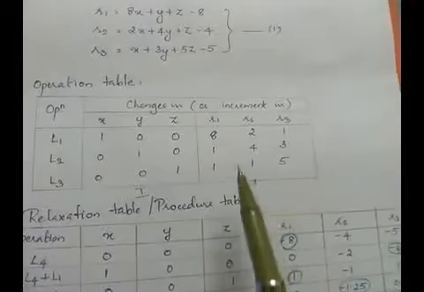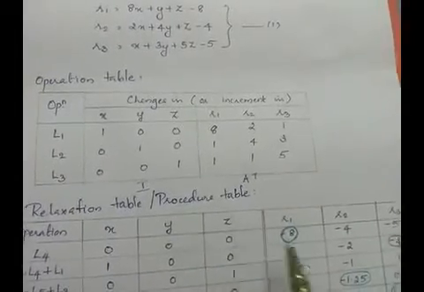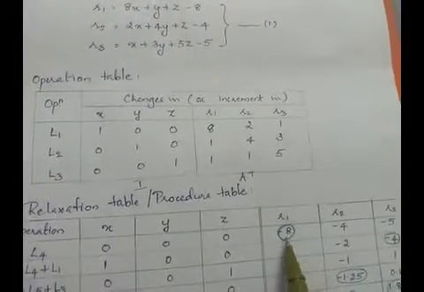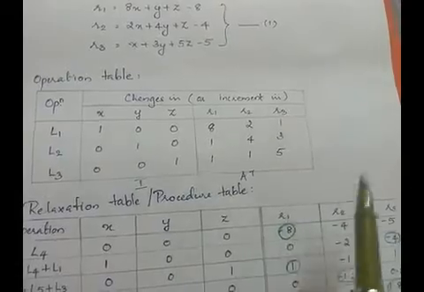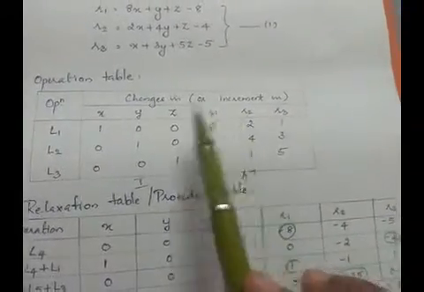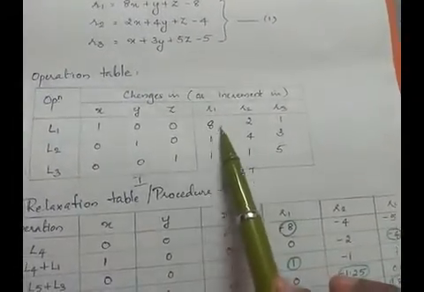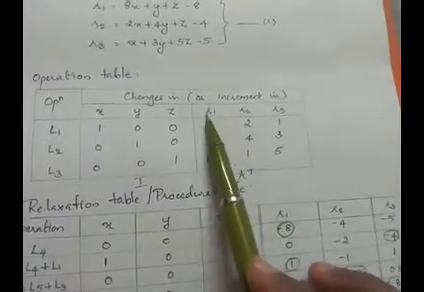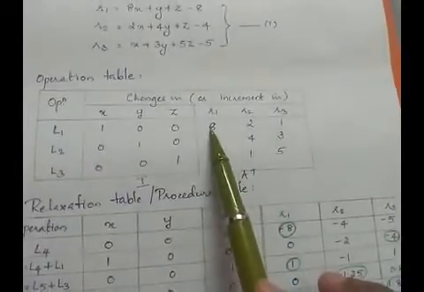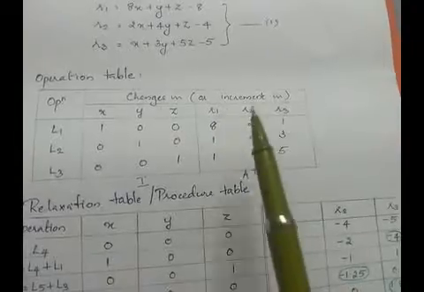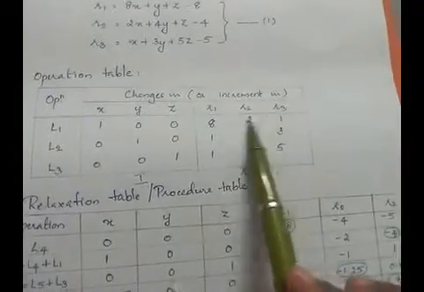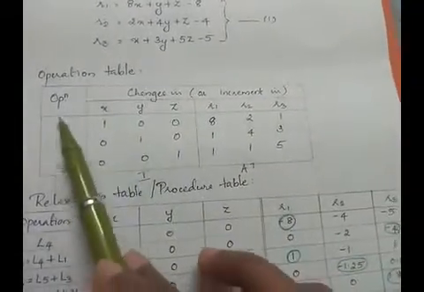Okay, so here, since in the procedure table we have chosen the highest value and it is for R1, we know that from the operation table, in the first row only R1 will be maximum reduced. So we will be writing a row operation based on that row, that is based on the row L1.